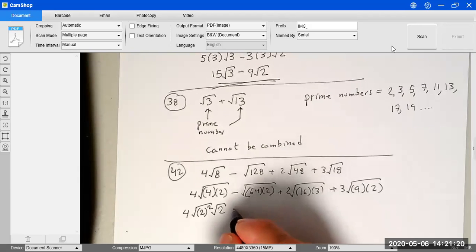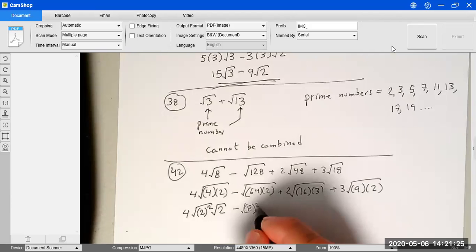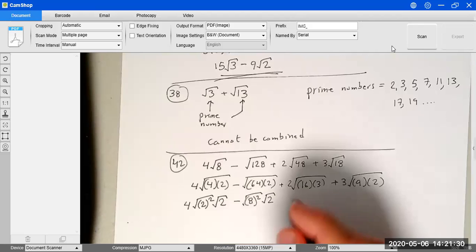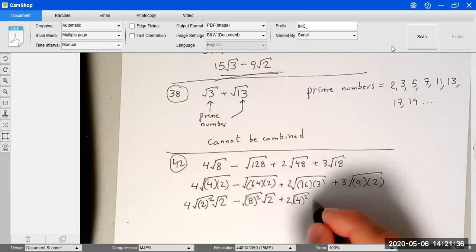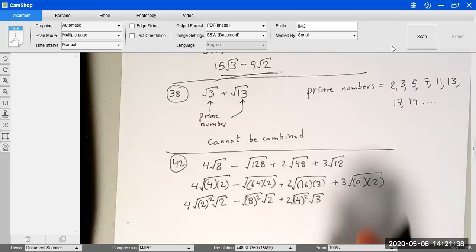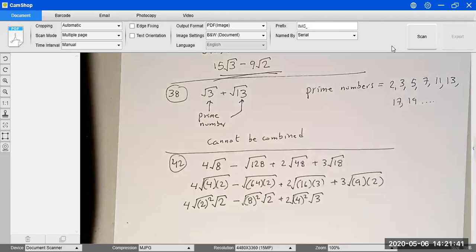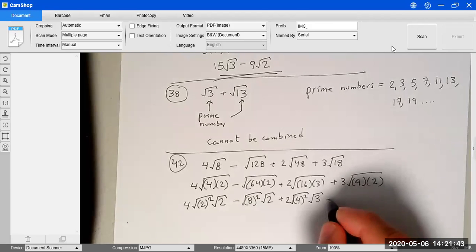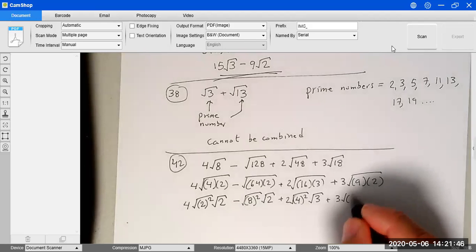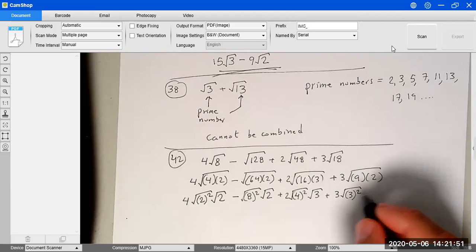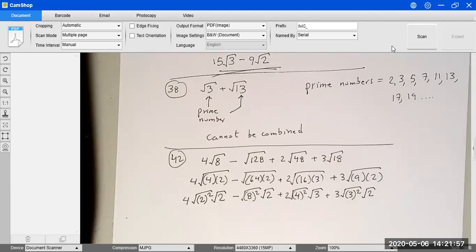Then I have minus, then 64 is 8 squared times radical 2 plus 2 times, and this is going to be 4 squared times radical 3. Then I have 3 times, and this is going to be 3 squared. That's my radical with a perfect square, and then a radical for the non-perfect square is going to be just the square root of 2, or radical 2.